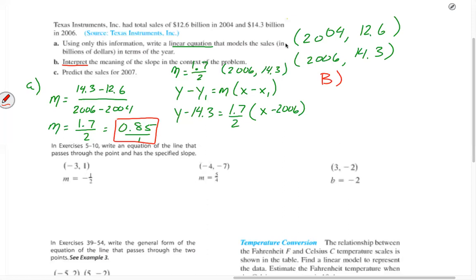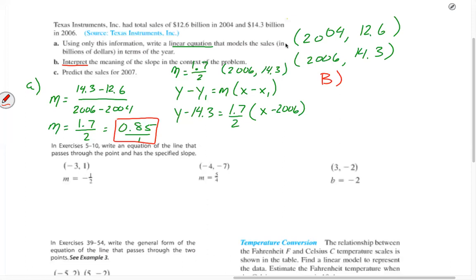So the reason why I wrote it like this, Hannah, was because notice the denominator is 1, right? So all I did to get from here to here is I did 1.7 divided by 2. And that gives me 0.85.